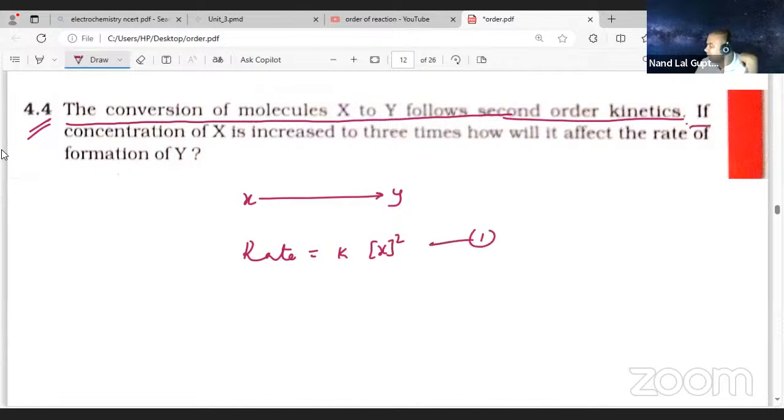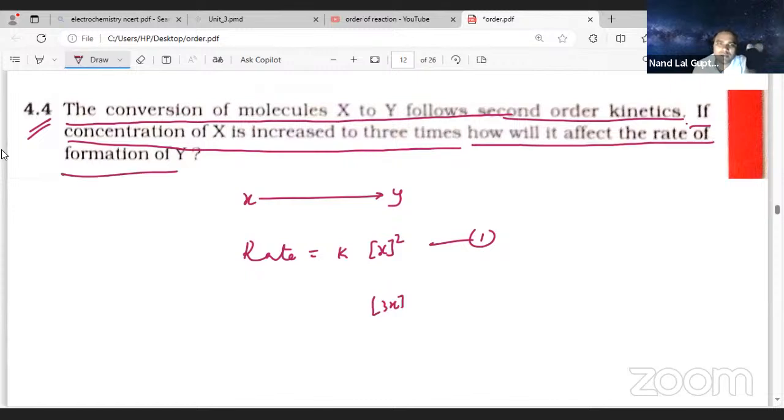Here they are saying the concentration of X is increased 3 times. How will it affect the rate of formation of Y? So this is the rate K, 3 times, but the order is the same, equation 2.